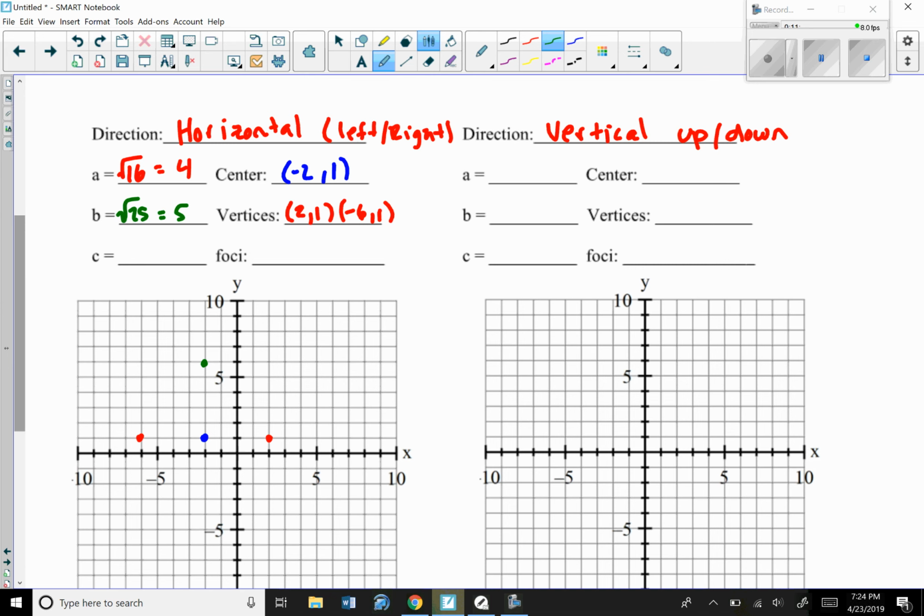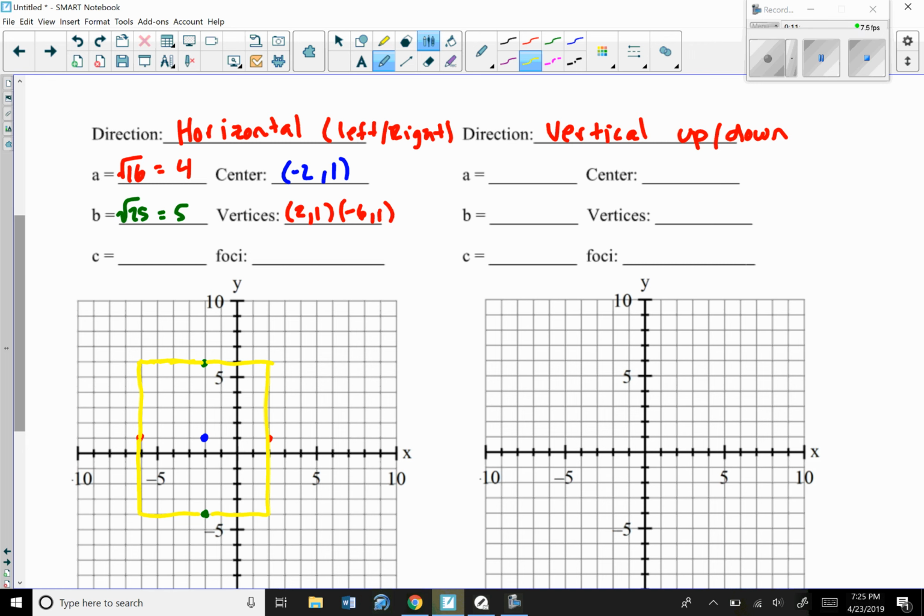Oops, one off. And so now that enables us to make that rectangular box, which is not really there, but it helps us graph our asymptotes.